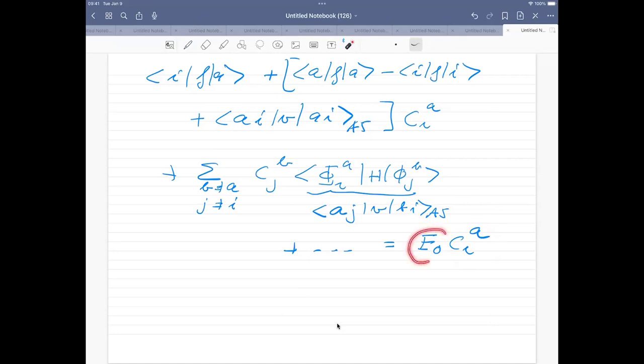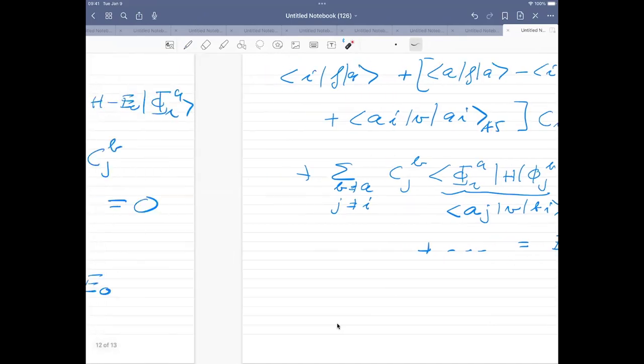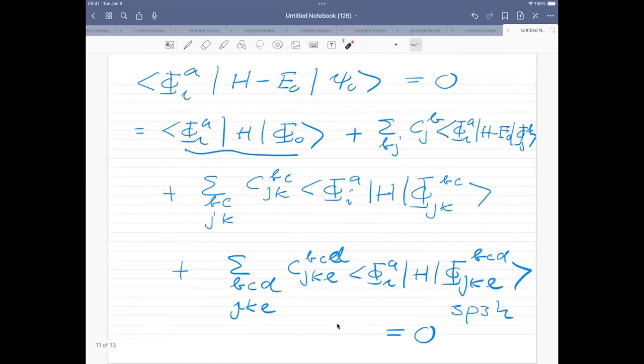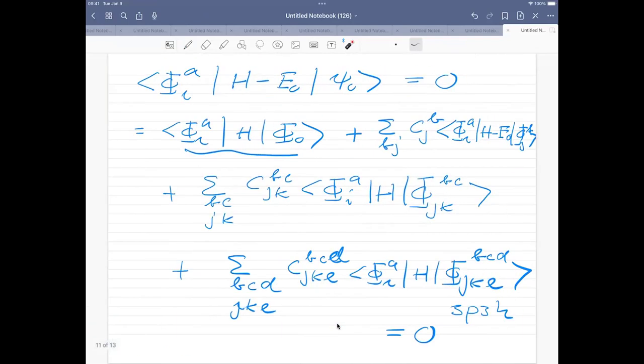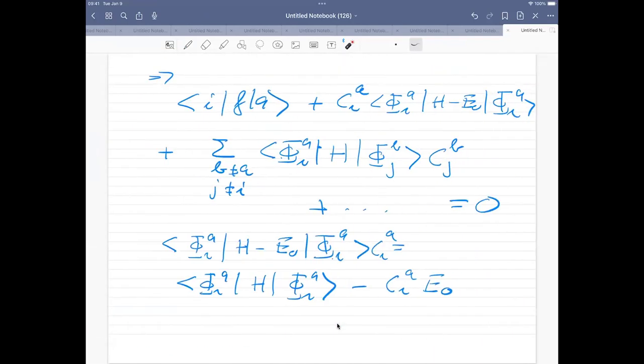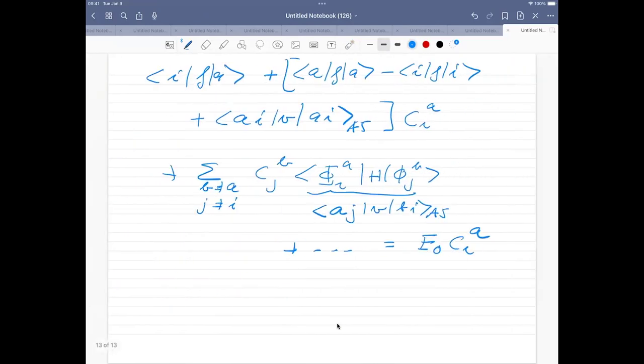But then when you go back to the equation for E0, which we found before the break, then you see now that there is another coefficient here. And this is why we call this a set of nonlinear equations in the unknown coefficients. So the common way to solve this is to solve it iteratively. So you would solve iteratively with a guess.